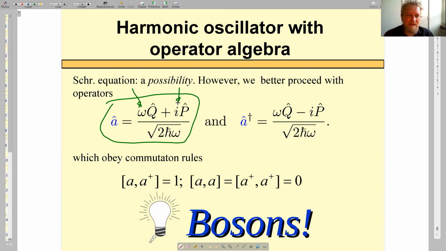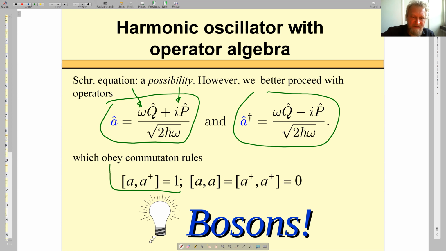Right, it also contains ugly square roots, but we know that all ugly square roots are for good. Well, and there is a Hermitian conjugated operator coming. Right. We can show explicitly that with this definition of commutation between momentum and coordinate, these operators obey the following commutation relations.